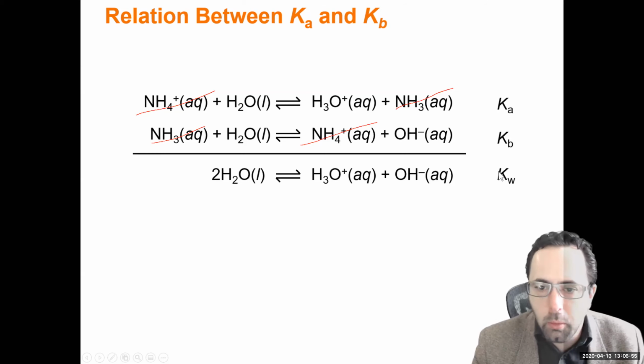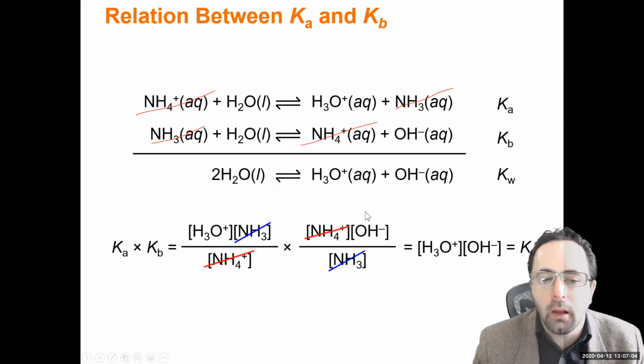So remember that if we add two reactions, to get the K, we multiply these two Ks to get this K here. This is because if we were to write the Ka expression for the first reaction, it would be hydronium ion times ammonia concentration over ammonium ion concentration. That's the Ka expression for this reaction.